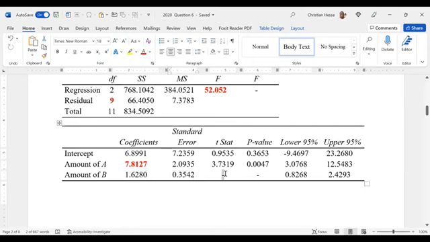4.596. Give it to 4 decimal places so that it will tally with what is here: 4.5963. So this is the computed value. Do you understand how we obtained the T value here? Because we are doing the T statistic for the amount of B, this divided by this will give you this.